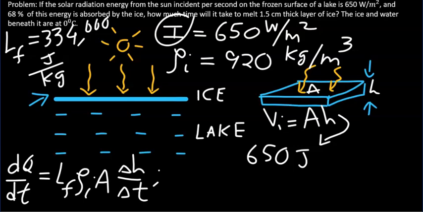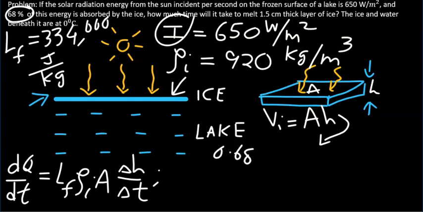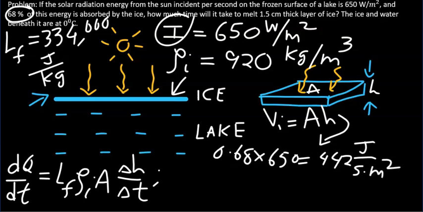Of that, only 68% is being absorbed by this layer of ice in order to melt. So that means 0.68 times 650, which is 442 joules of energy that falls every second on an area with size 1 meter squared. And this is the amount of energy that is responsible to melt that much thickness of ice.